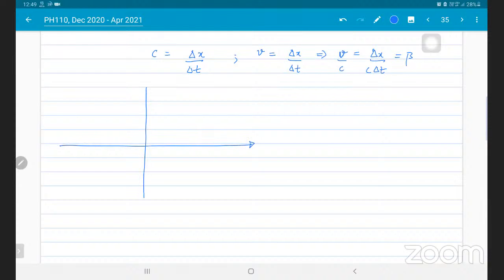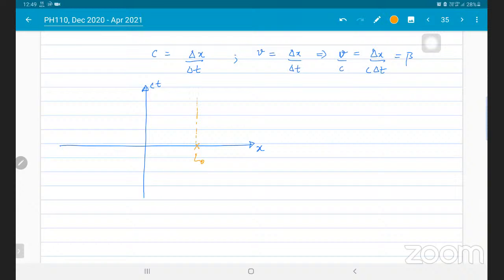So if I look at this diagram again, x and ct, what does the trajectory of an object moving in a straight line look like? First of all, what is the trajectory of an object which is stationary? Something is over here at some position L0 and it's stationary. What will be its trajectory?